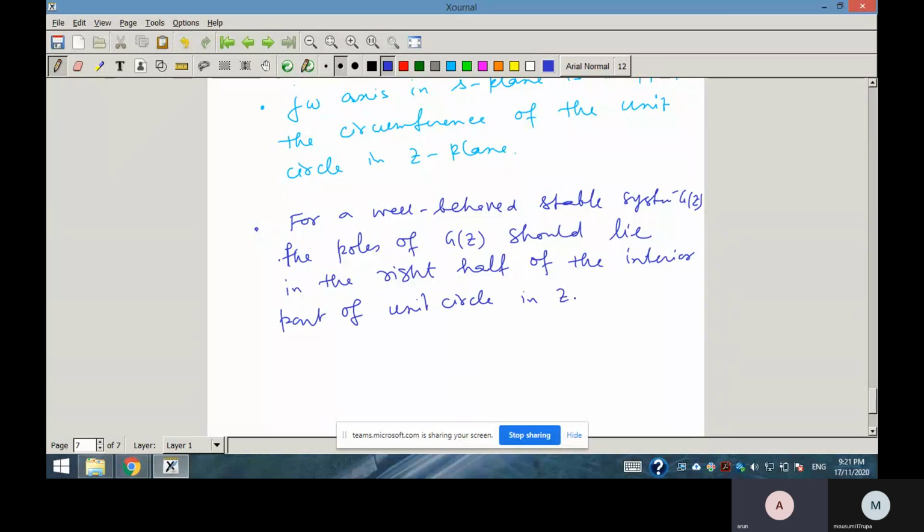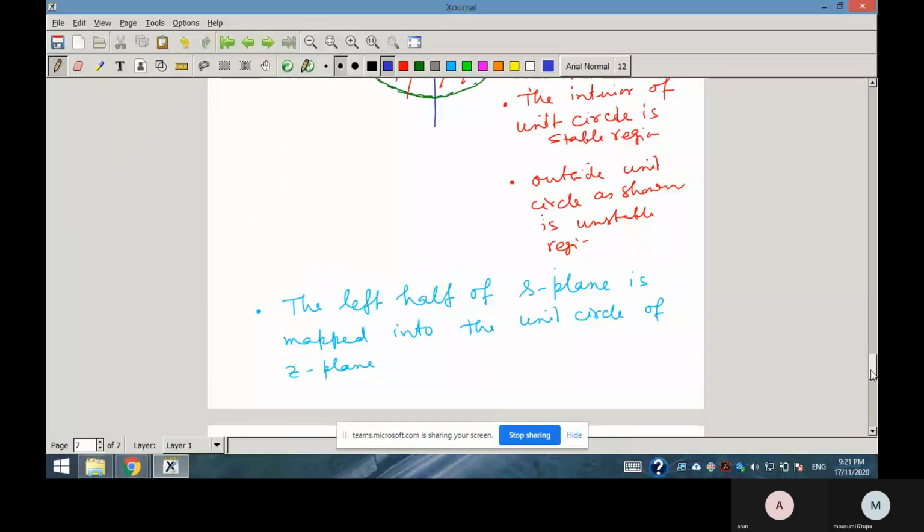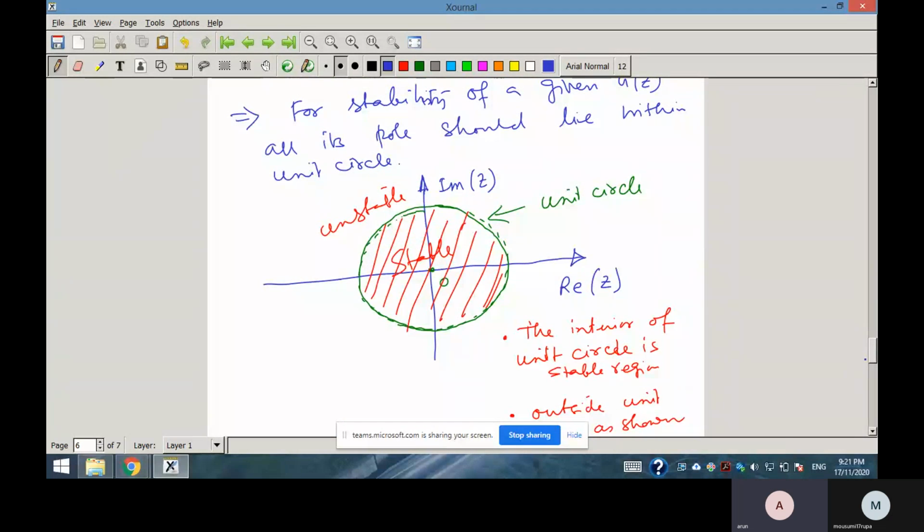So why? I am saying that this is for a good design, for a well-behaved stable system.